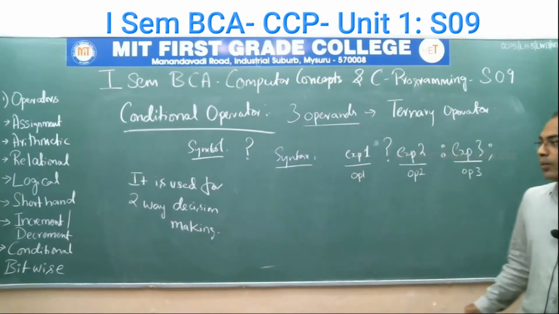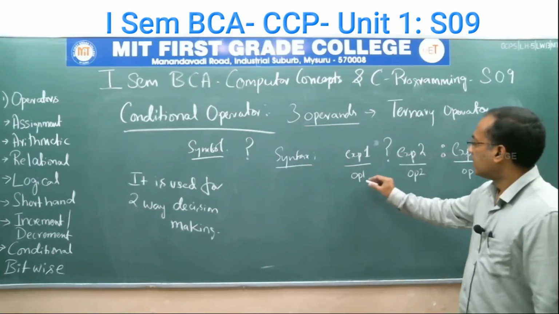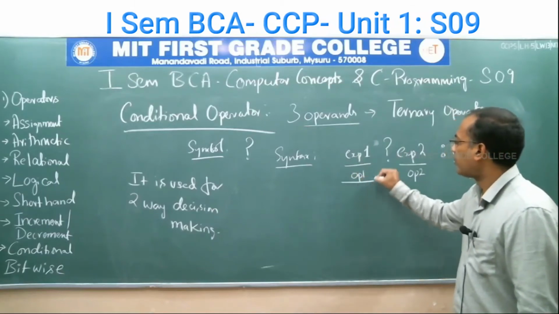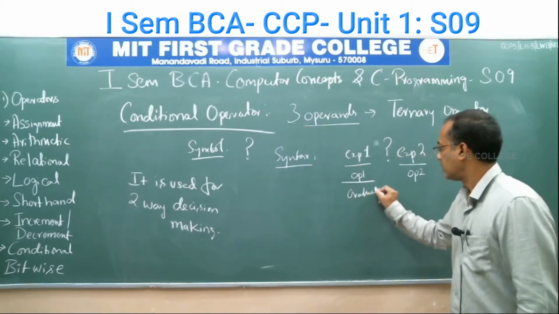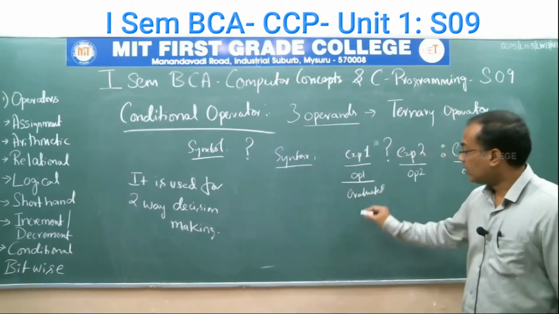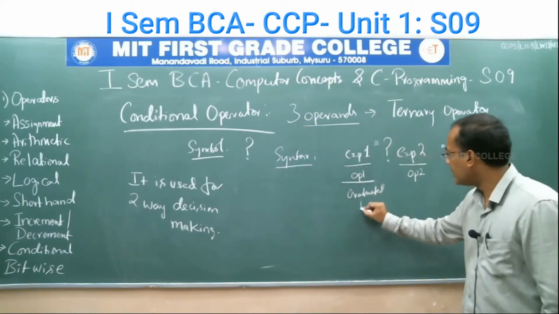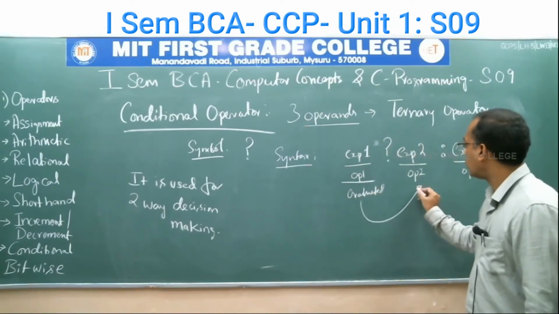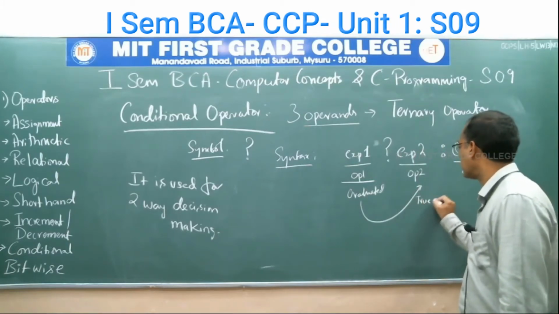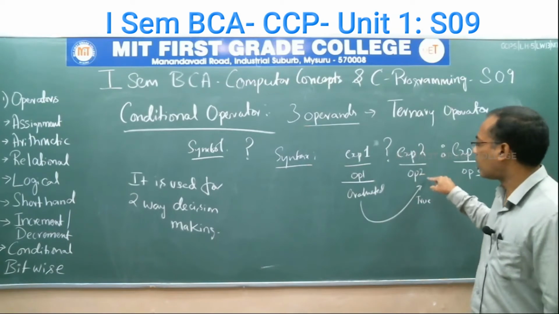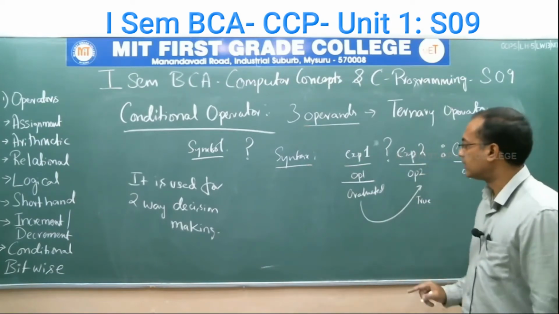I'll explain to you how exactly this two-way decision making works. First, operand 1 will be evaluated. If the result of this operand 1 is true, expression 2 or operand 2 will be evaluated and then it will exit.